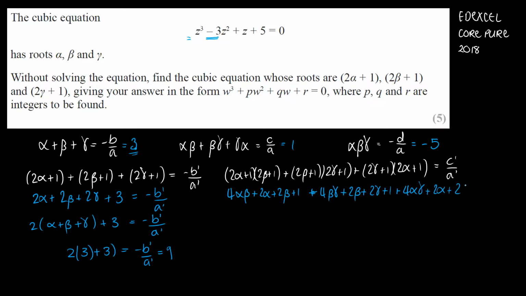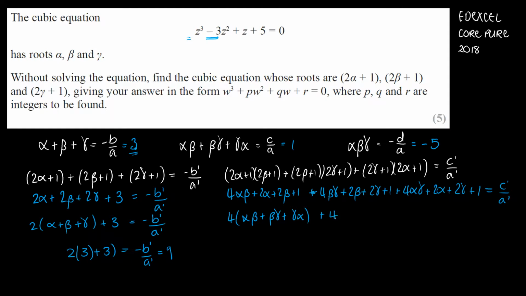I'm going to simplify, and I'm aiming again to find out some of the expressions I had previously. So sum of singles, sum of pairs, a triple perhaps, whatever pops out. Hopefully you can see we've got 4 lots of alpha beta plus beta gamma plus gamma alpha.